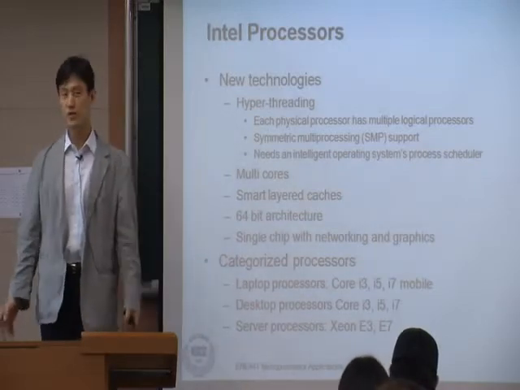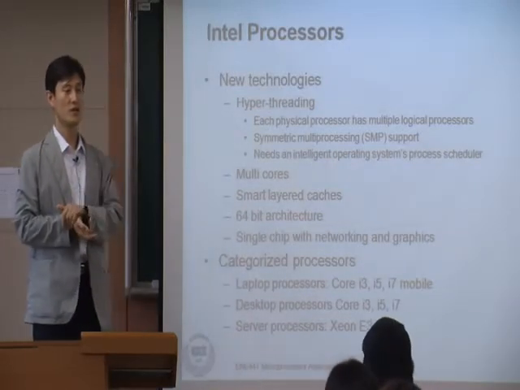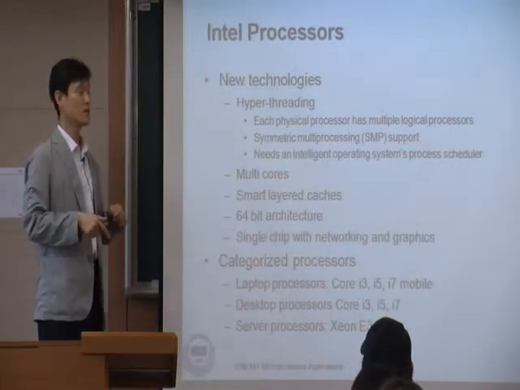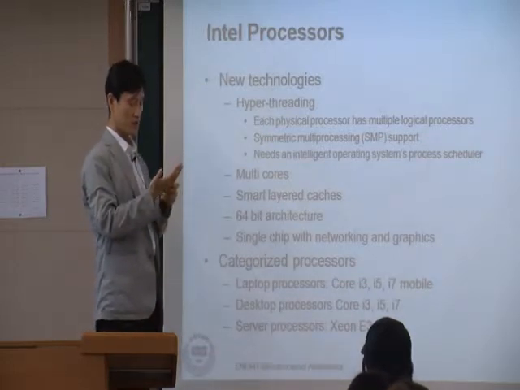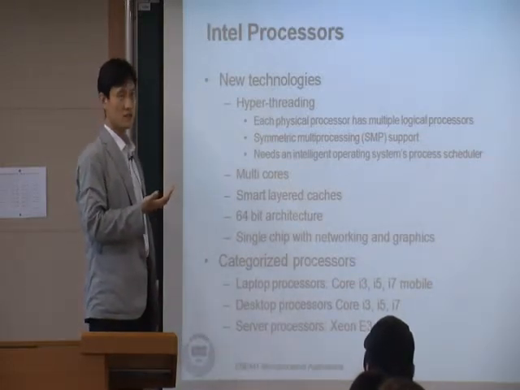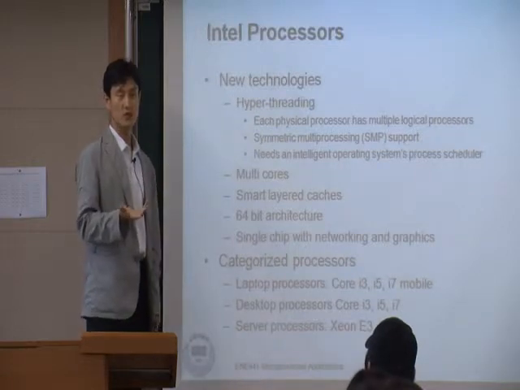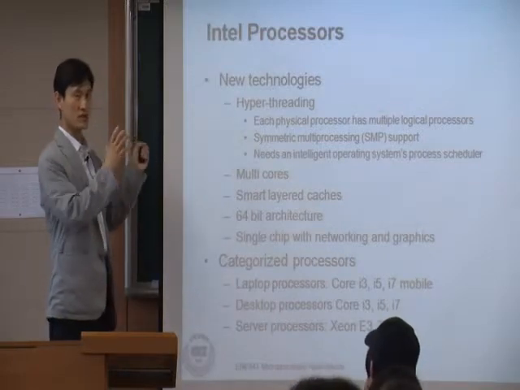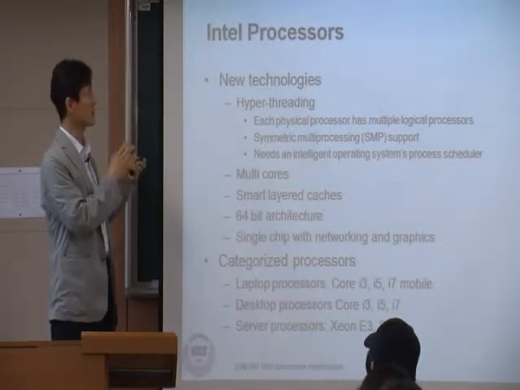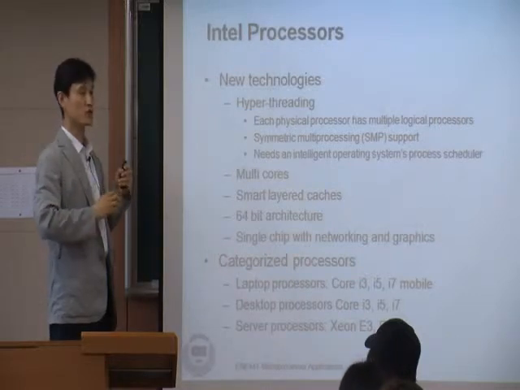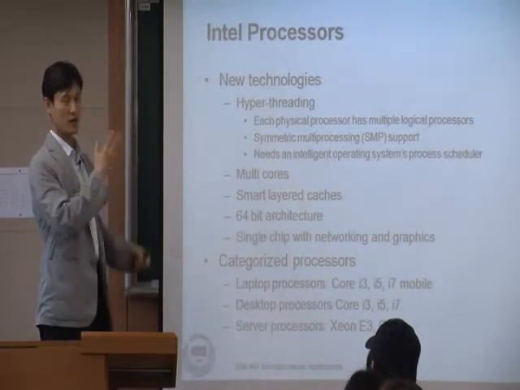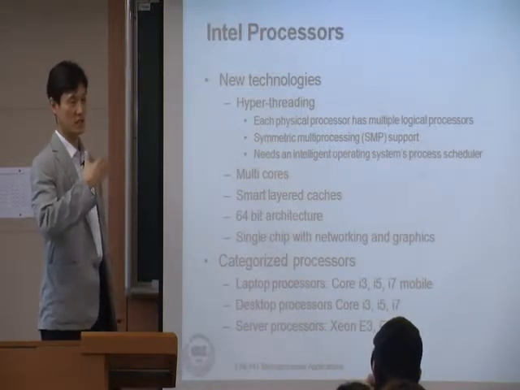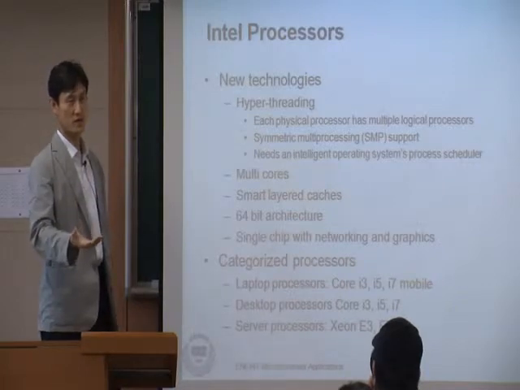Remember, in the first lecture of this course, we looked at the history of microprocessors. In that history, from 1960, 1970, 80, up to 2000, the main company, Intel, and others were always trying to increase the clock speed, like 100 megahertz, 1 gigahertz, 3 gigahertz, in order to improve performance.